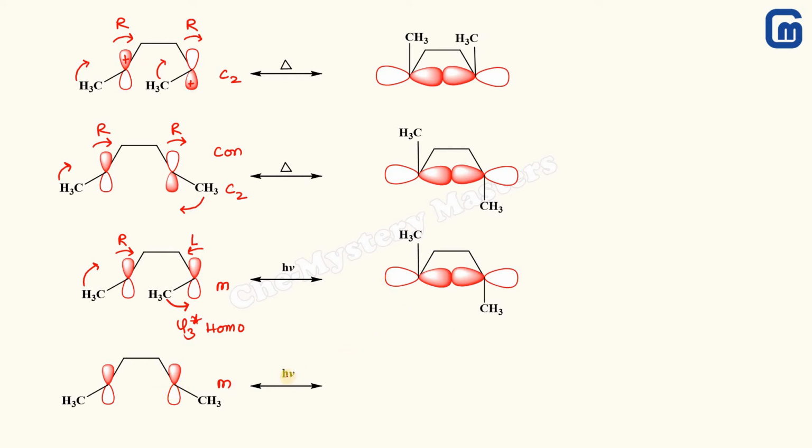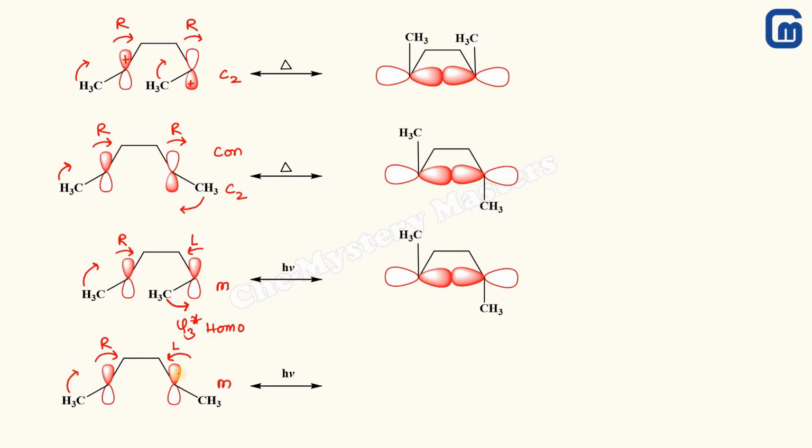So in hν condition there will be a trans type of arrangement between these two substituents. Here also you can see in hν condition there is mirror symmetry, while these CH3 or methyl groups which are present here are far away from each other. For the ring closing reaction, we have already said that there is a requirement of rotation in the molecule. That means one of the orbitals will go toward the right side, another toward the left side.